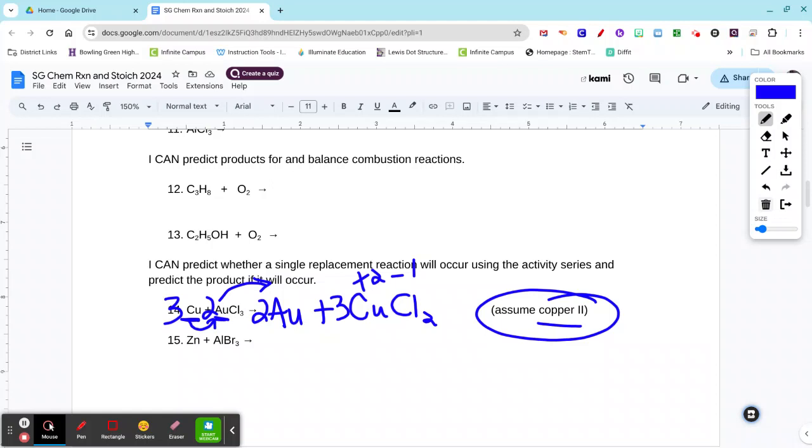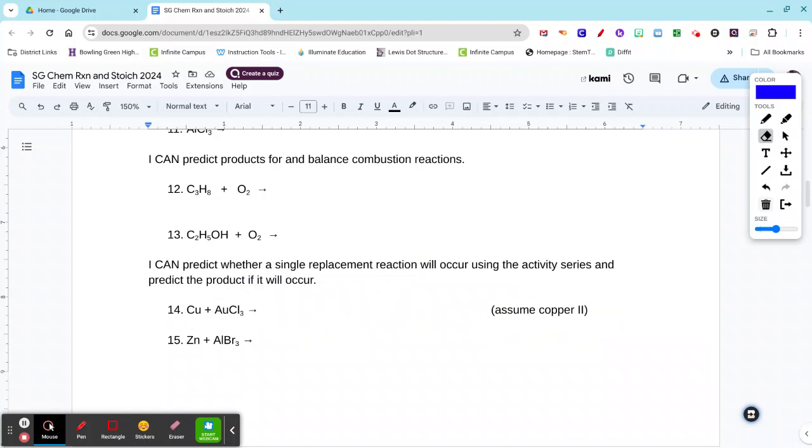All right, so this next equation, you're going to look and see if zinc is above aluminum on your activity series. And I'm not sure if it is. I almost think no. So let's see if I can find an activity series real quick.